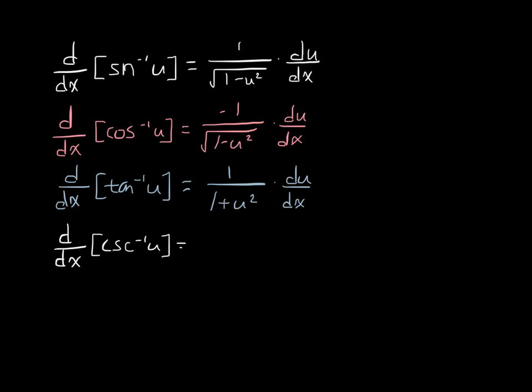The derivative of inverse cosecant is negative 1 over, and this u should be an absolute value here.